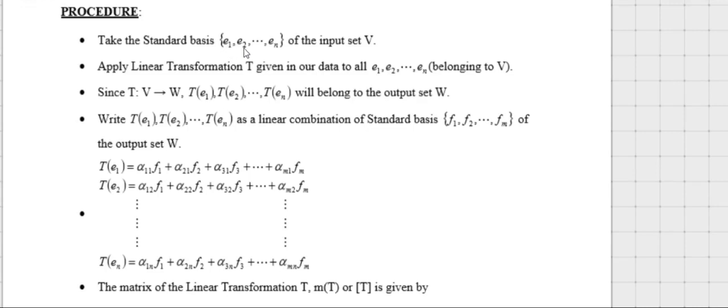In our problem, 1, x, x square are the basis vectors. We have to apply the linear transformation to each and every vector. That is, we have to find T of 1, T of x and T of x square. That is what we are going to do now.